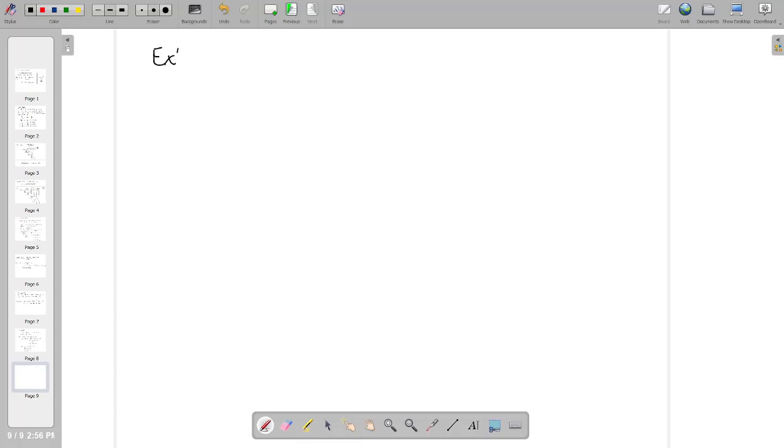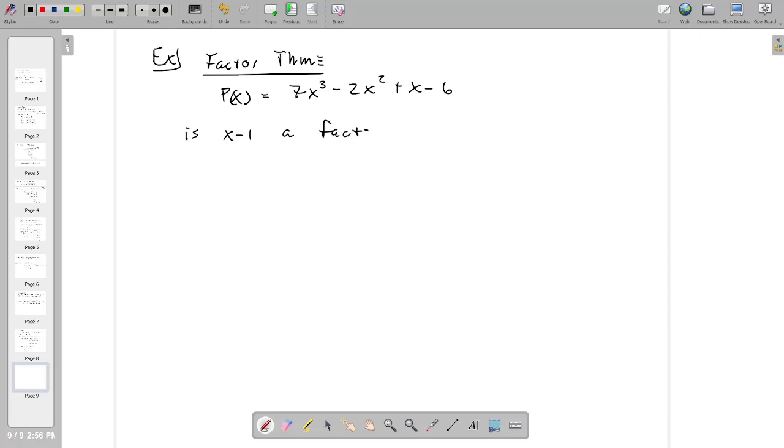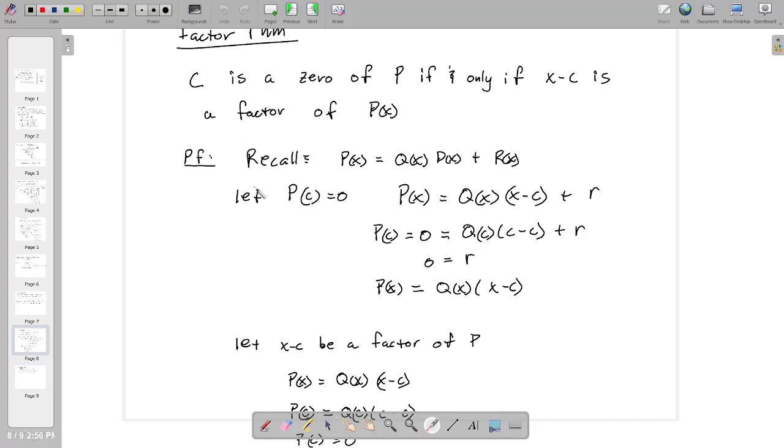Let's go ahead and do an example. Let p of x equal 7x cubed minus 2x squared plus x minus 6. And we're going to check to see if x minus 1 is a factor of p of x. So if it is a factor of p of x, the factor theorem says that p of c would equal 0.